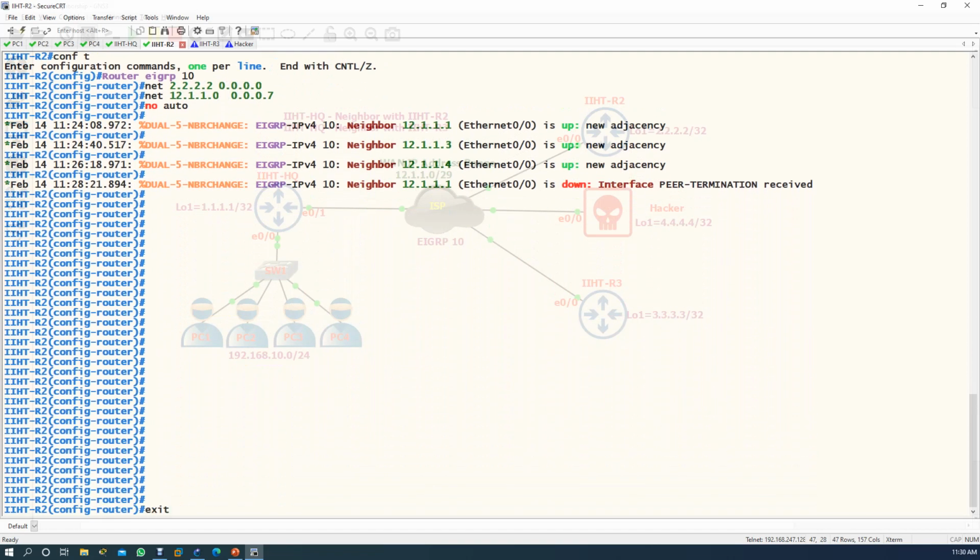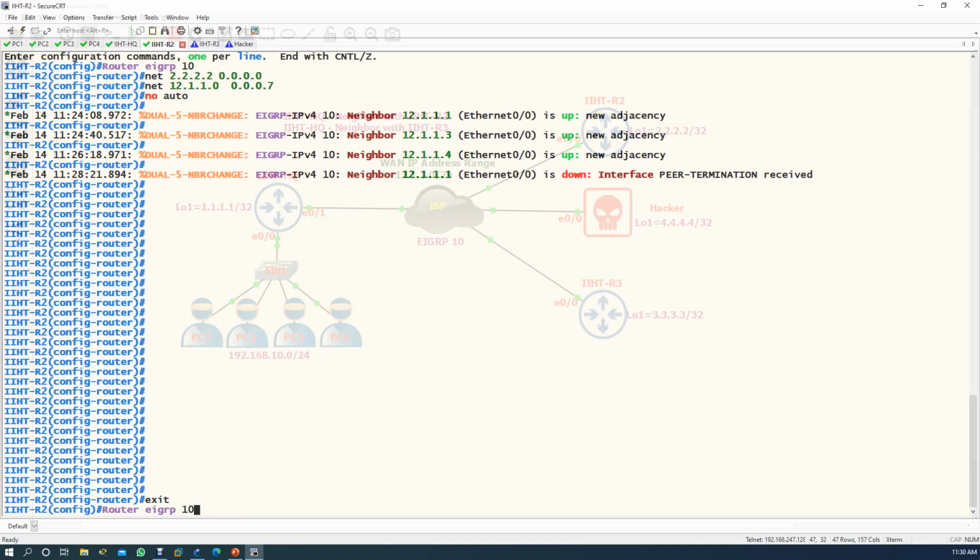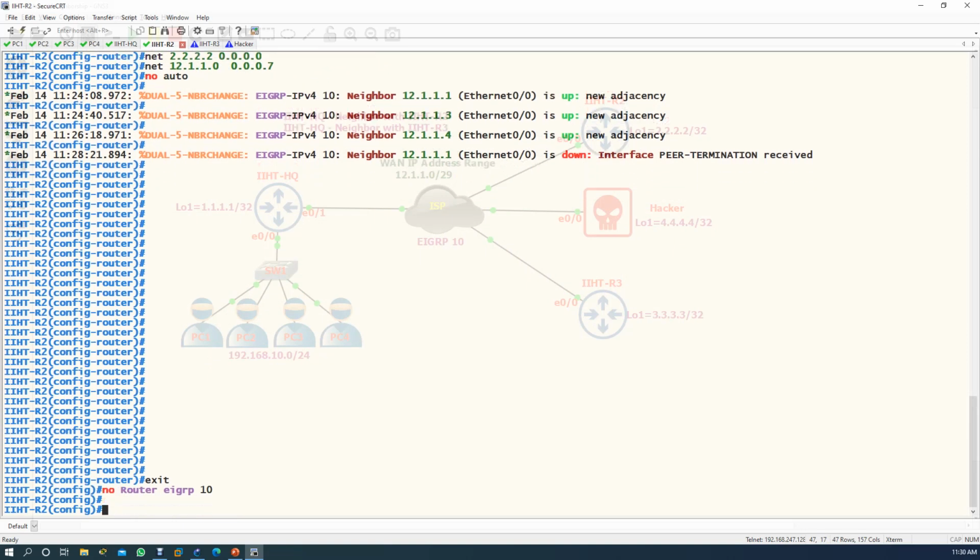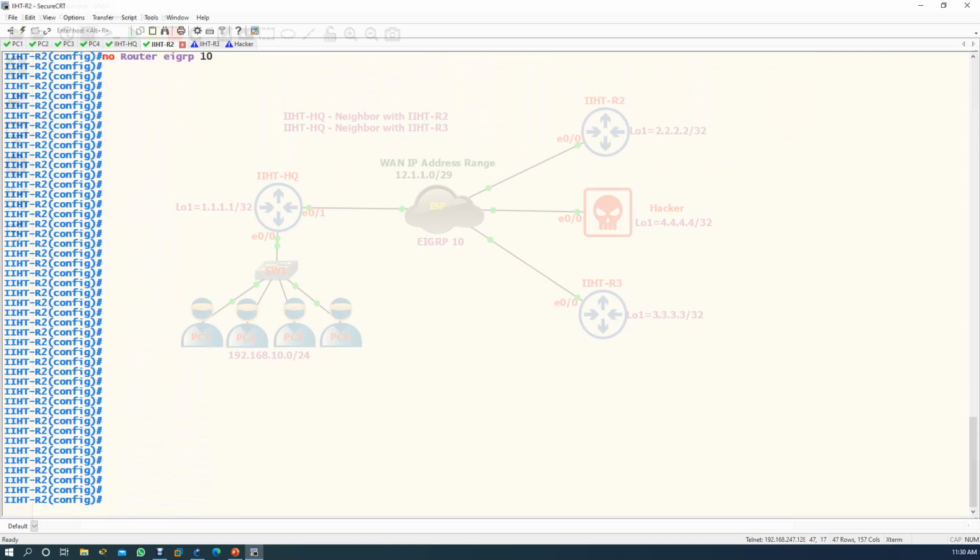Now come to R2. Here also you write exit. First you write no router EIGRP. First remove the neighbor's router EIGRP configuration. Then come here, router EIGRP 10, neighbor 12.1.1.1, he is connected to me via E0/0.